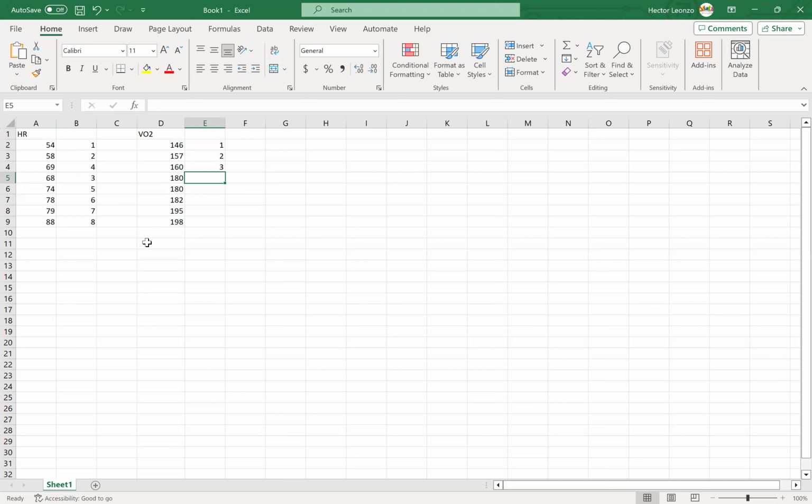The average of 4 and 5 is 4.5. Remember how to do the average? You add them up and divide by how many numbers you have. So 4 plus 5 divided by 2, 9 divided by 2. Then this is 6, this is 7, and this is 8. I rank them from 1 to 8.